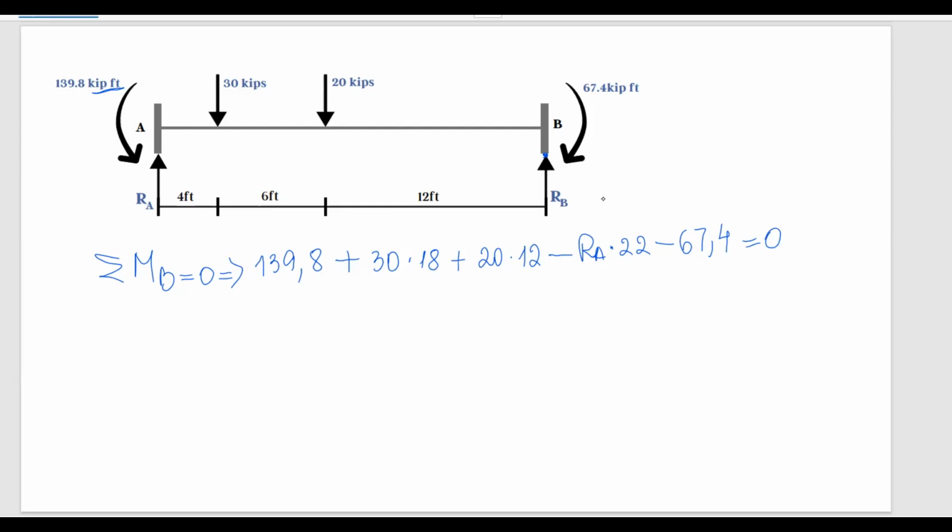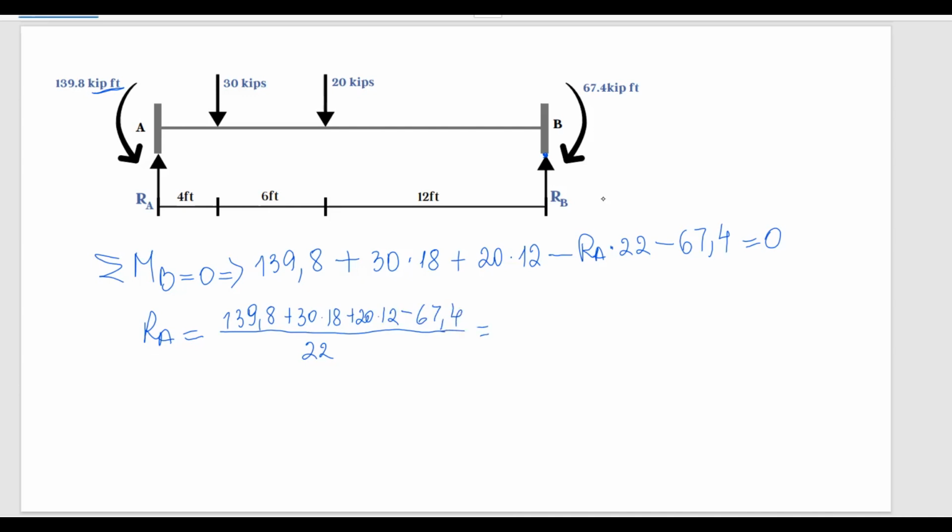So I'm going to calculate from this equation for RA. And RA is going to be equal to, I'm going to have 22 over here, and at the top, 139.8 plus 30 times 18 plus 20 times 12 minus 67.4.